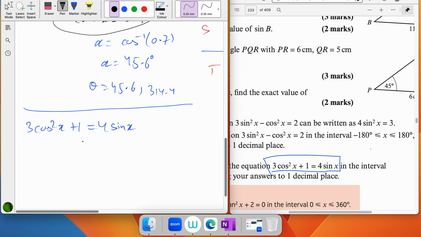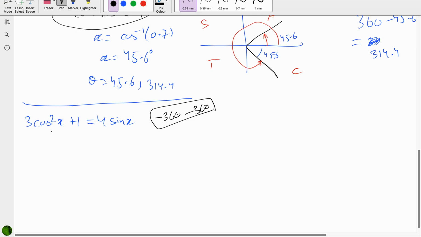So what do we do? We first bring this equation all to cos or all to sine, and this is from minus 360 to 360. So I can see that I can convert cos square but not sine. So this is cos square x is equal to 1 minus sine square x. So 3 into 1 minus sine square x plus 1 is equal to 4 sine x.